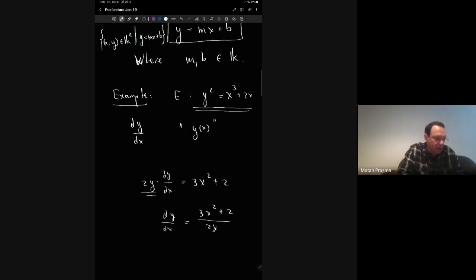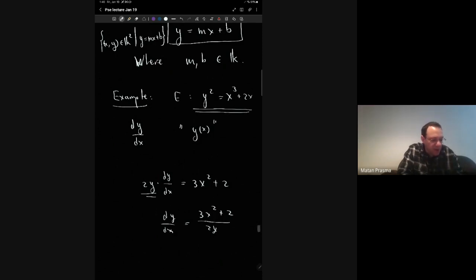Okay, so I can always do it for any polynomial. I mean, I just picked random numbers, but I think you can easily believe that this can always be done for the polynomials we care about, which are very, very restricted, right?